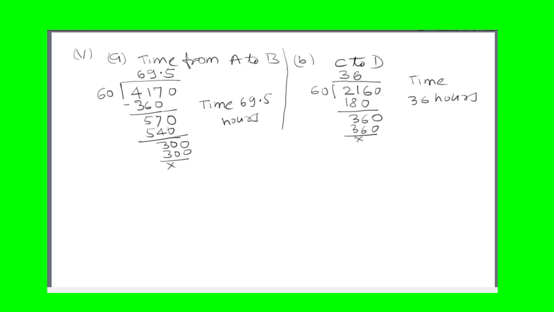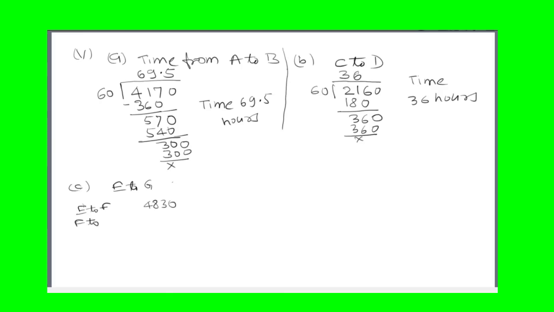Part C, E to G. The distance from E to G is first E to F, 4,830 kilometer.